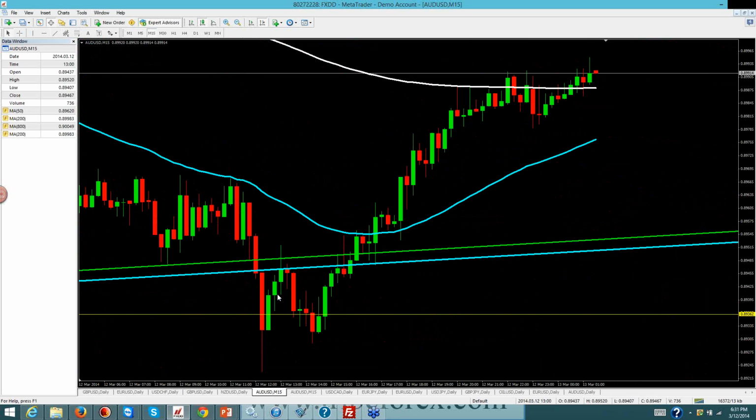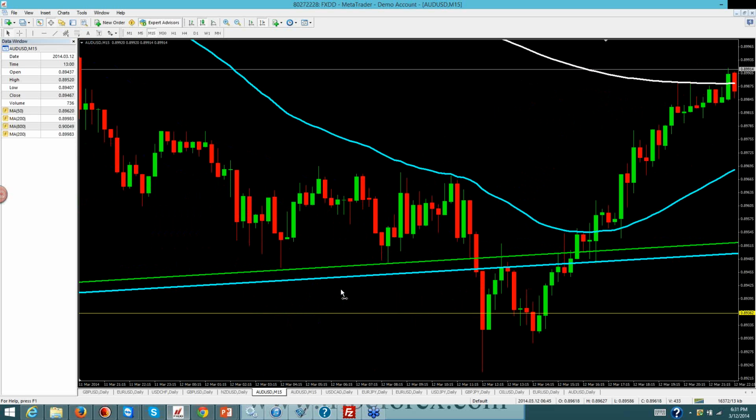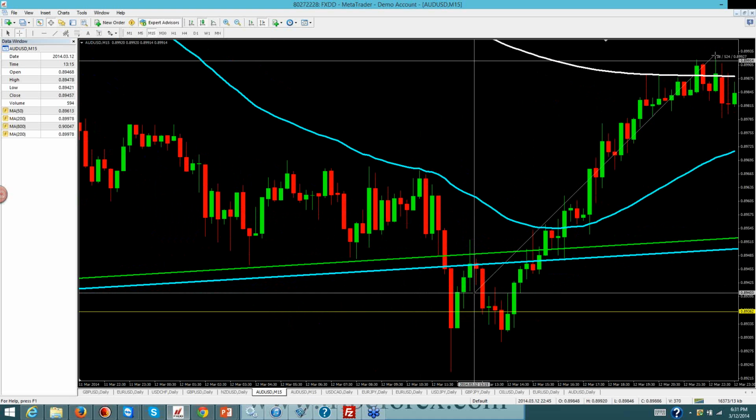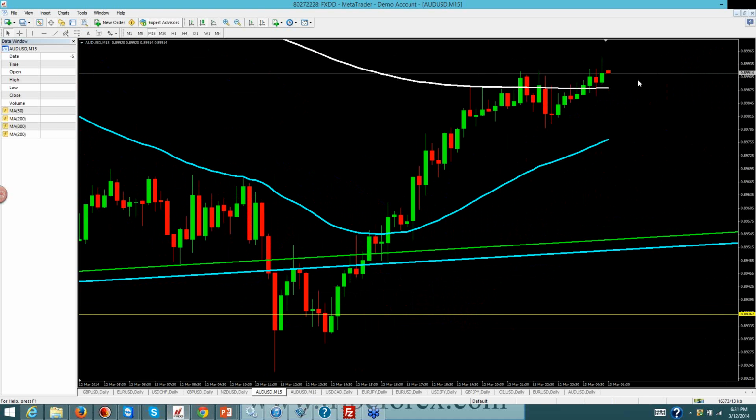You can see the trend line here, and you can see this beautiful double bottom here where we really got to see price take off. We took a buy right here. It was about 89.40 that we ended up taking a buy and making above 50 pips on this trade.